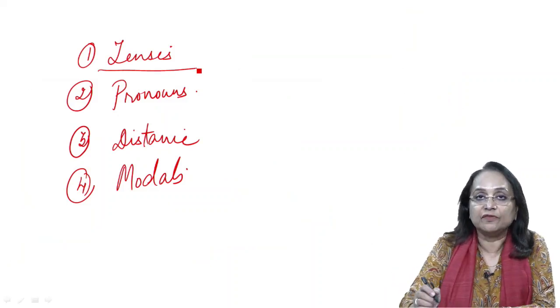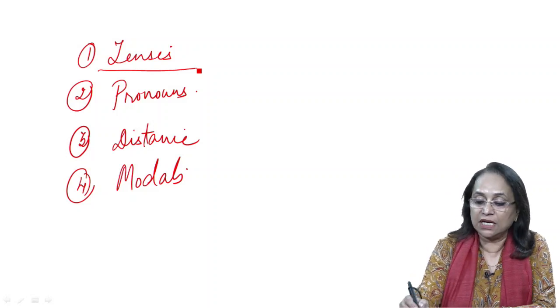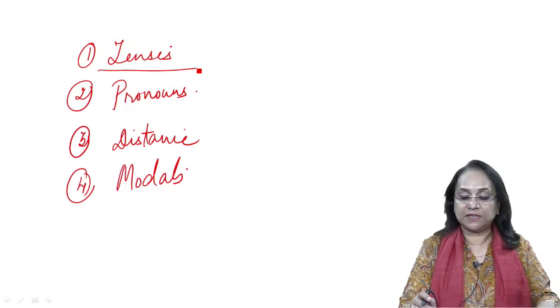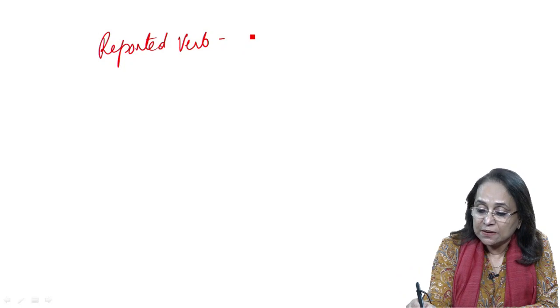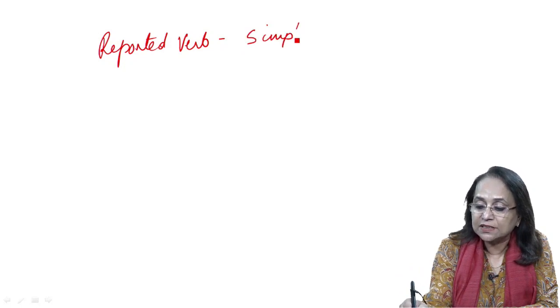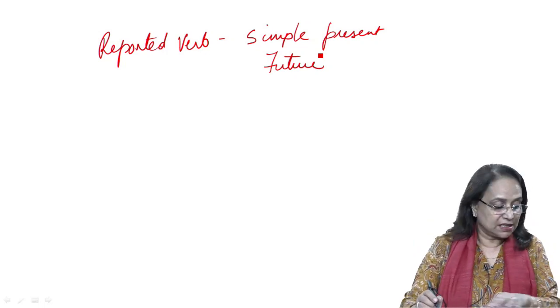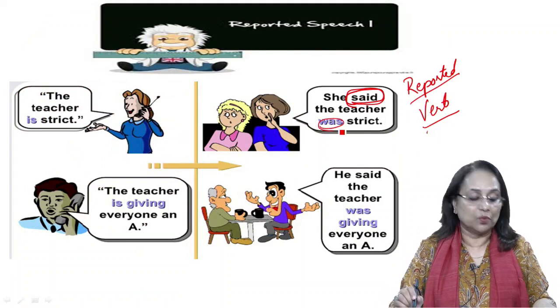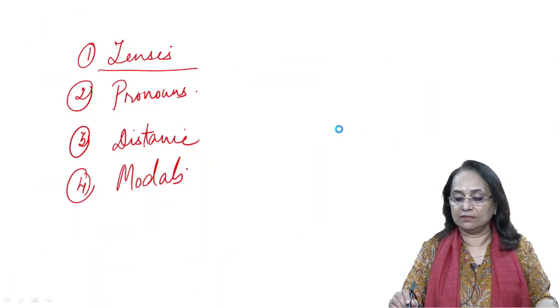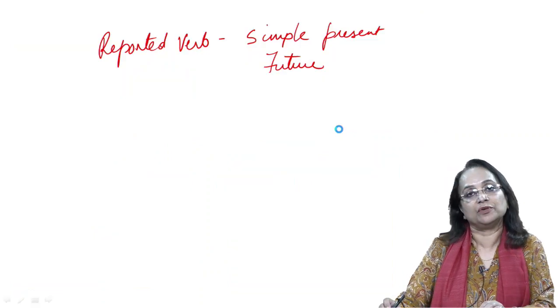How? Let me take a fresh page. If the reported verb is in simple present or future, then the second verb in the sentence will remain in the present or future.